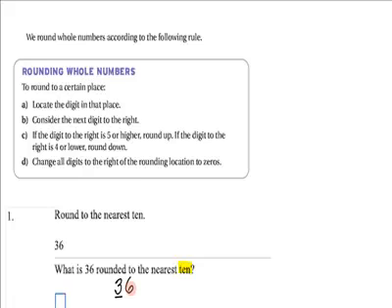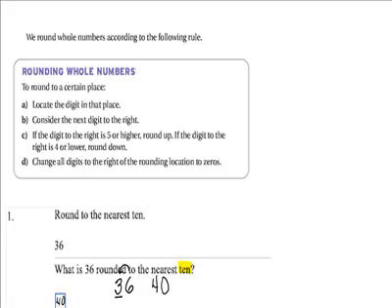It is bigger than halfway. That means you're going to round up and the 3 becomes a 4 and the 6 is replaced with a 0. What this really means is 36 rounded to the nearest 10 is closer to 40 than it would have been to 30. So 40 is the rounded value.